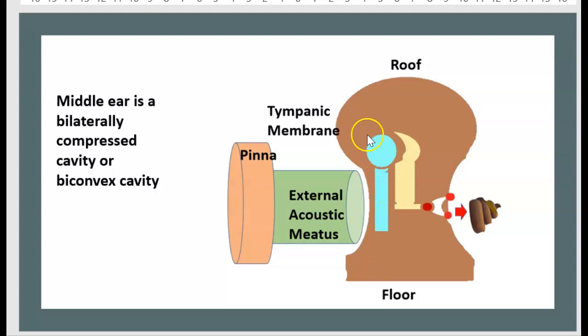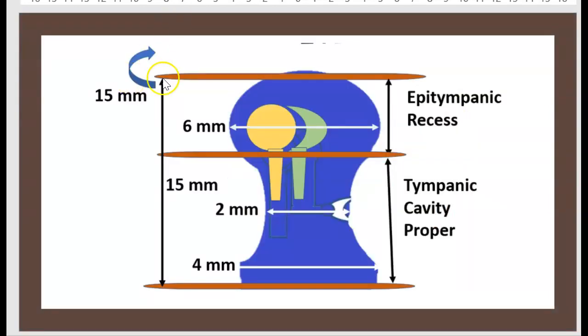The tympanic membrane is between external acoustic meatus and middle ear. 15 millimeters high, 15 millimeters deep, 6 millimeters, 2 millimeters, and 4 millimeters. This upper part is the epitympanic recess. This lower part is the tympanic cavity proper.